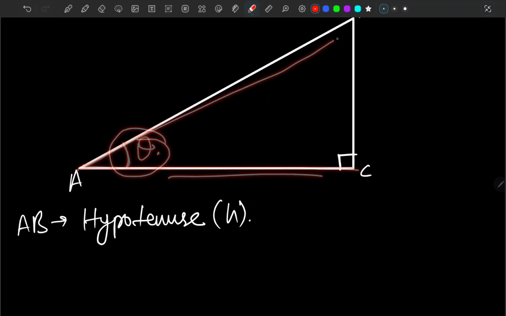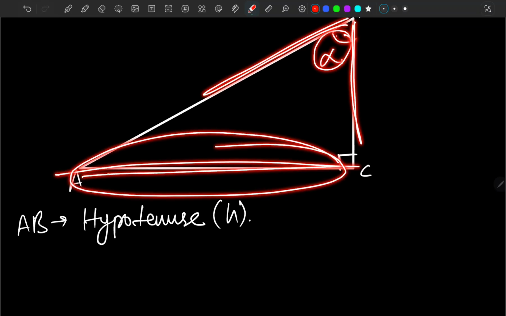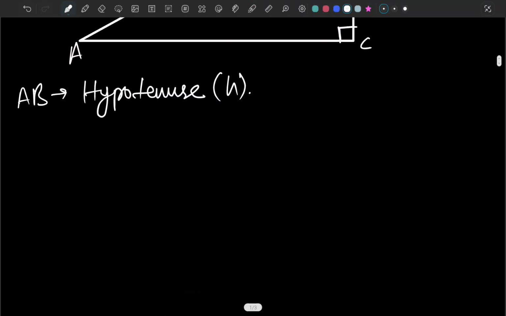And if we talk about this angle, let's say alpha, then for this angle, this would be the base, this would be the hypotenuse and this would be your height, right? So base and height are going to change with the change of angles. I will talk about it later, don't worry.